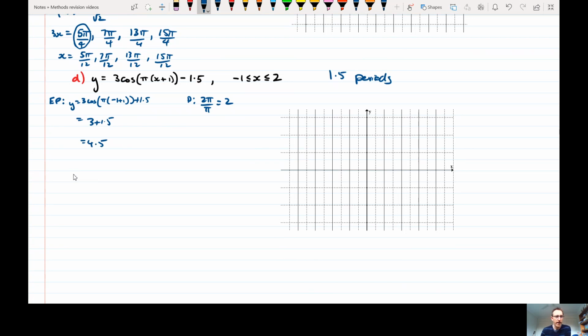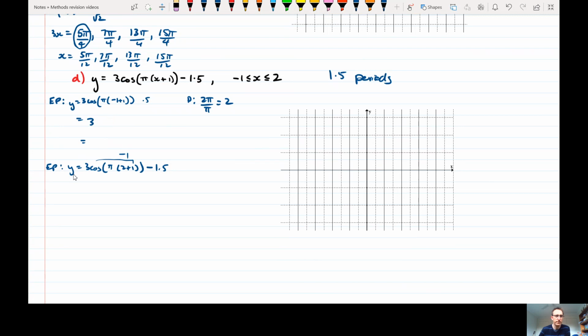Okay. The other endpoint is when you have 2, 2 plus 1 there. Yeah, 3 pi. Cosine of 3 pi here is -1. Oops, that should not be 4.5 there. Sorry, that should be a minus up there.